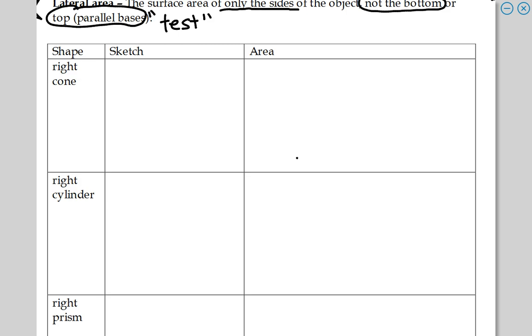We got a right cone. To draw a right cone, you draw the top part of a triangle, and then you just curve the bottom like this. And then for perspective, you can sketch in the top part of that circle, the top curve like this.